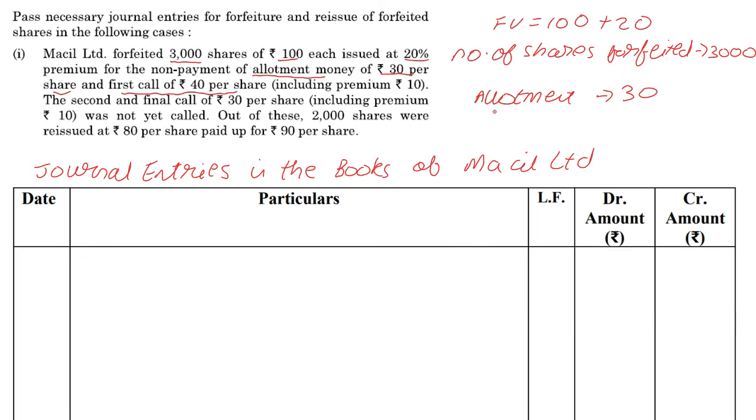Then first call of 40 per share, including a premium of 10, so I can write that as 30 plus 10. Then the second and final call of 30, including a premium of 10, was yet to be called. So I can write that as 20 plus 10.